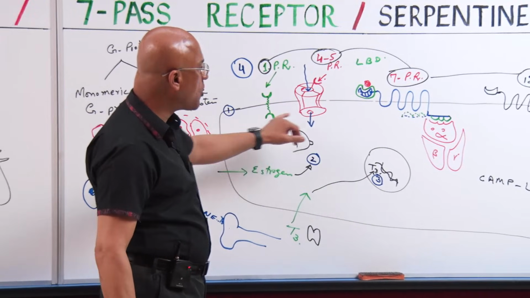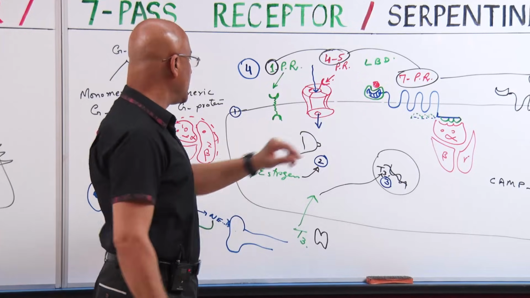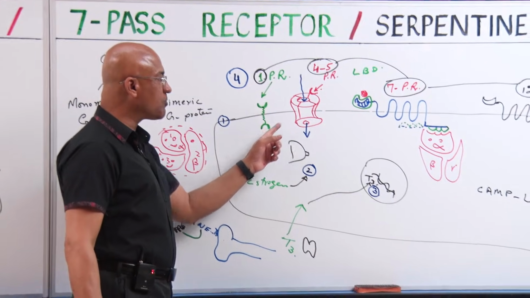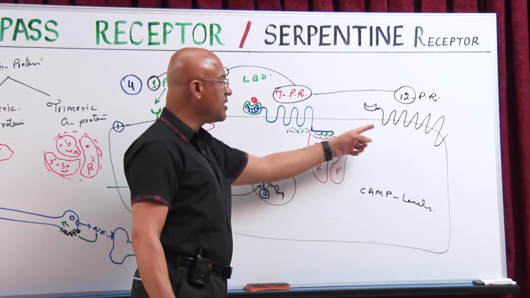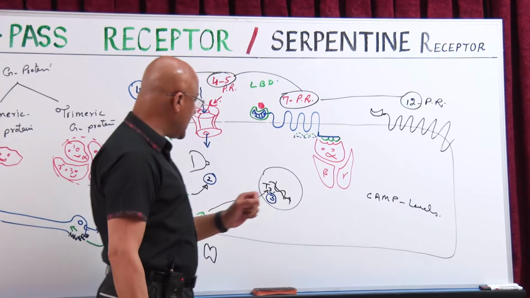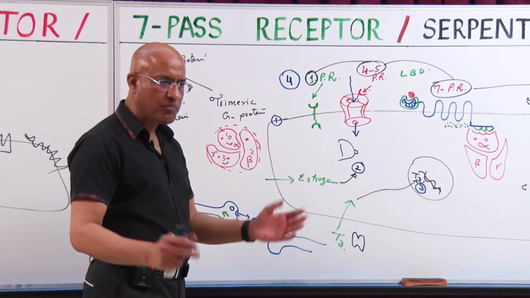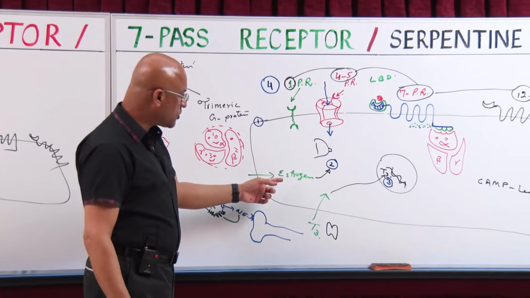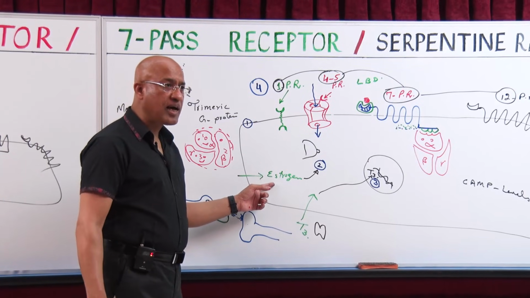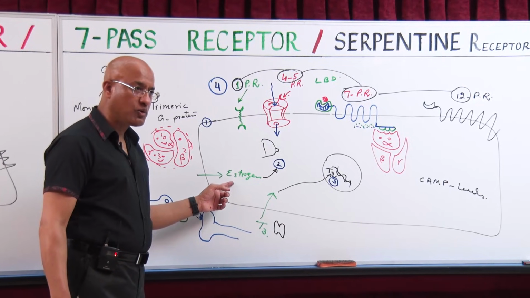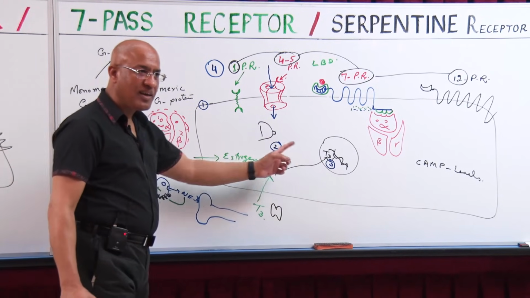Broadly speaking, there are four categories of membrane receptors: 1-pass receptors, 4 to 5-pass receptors, 7-pass receptors, and 12-pass receptors. Among intracellular receptors there are many examples, but we just talk about two, estrogen receptors and T3 receptors. Estrogen receptors are present in the cytosol and T3 receptors are present in the nucleus.